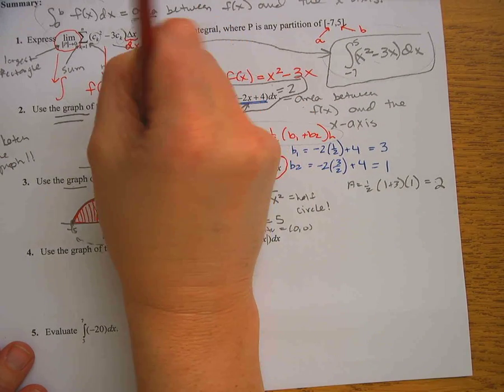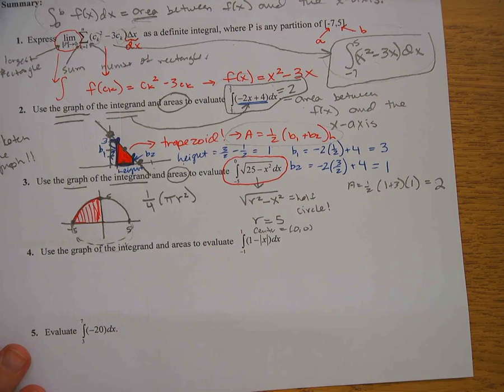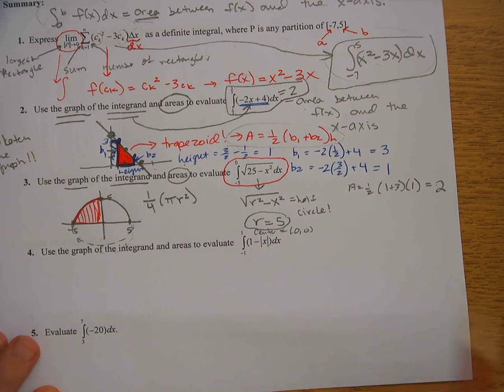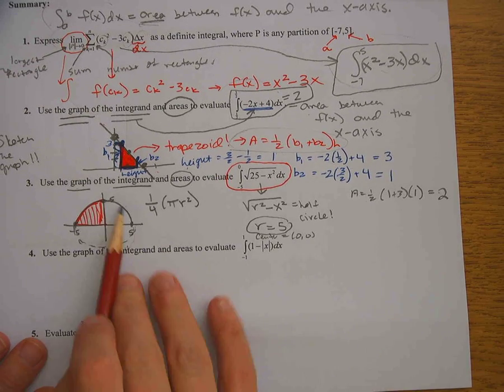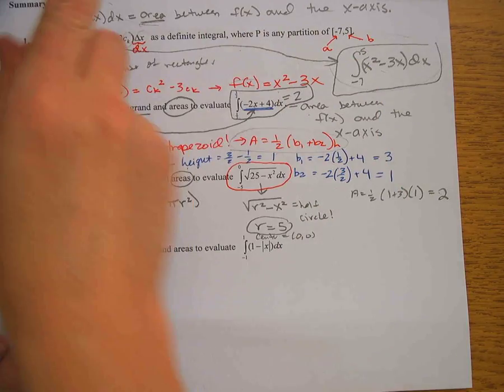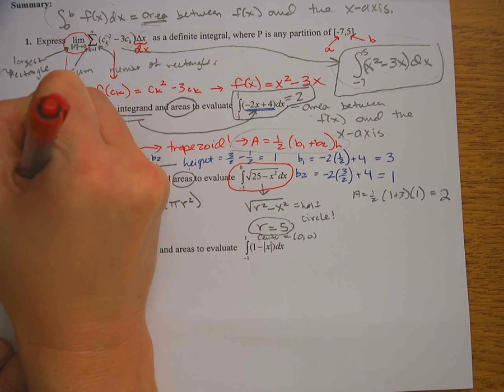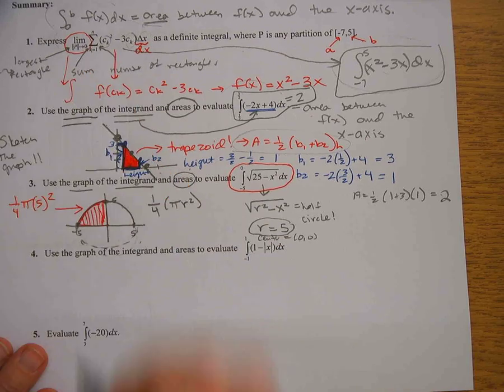So it basically would be 1/4 times the area of a circle, 1/4 pi r squared. We noticed earlier that the radius was 5. So the area under this curve from -5 to 0 would simply equal 1/4 pi 5 squared.